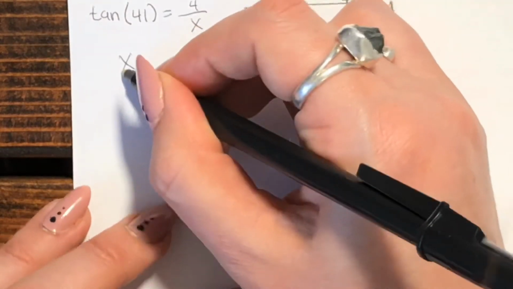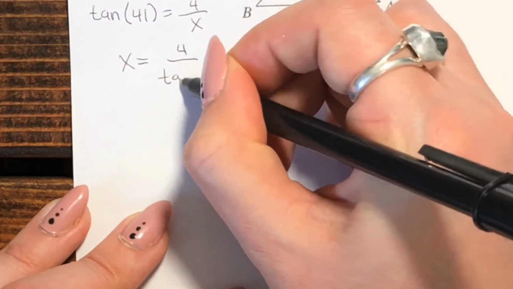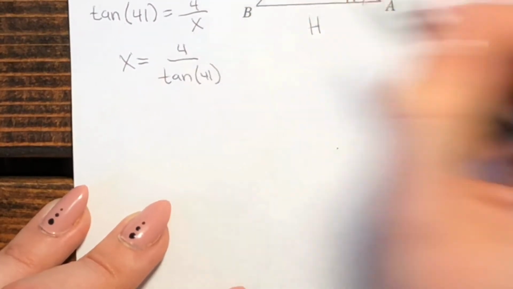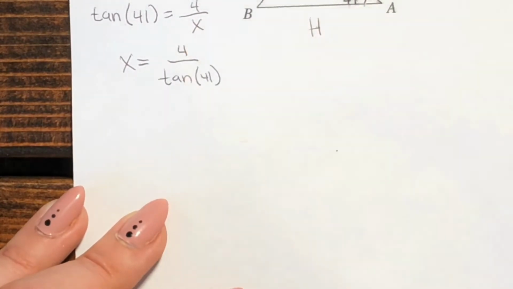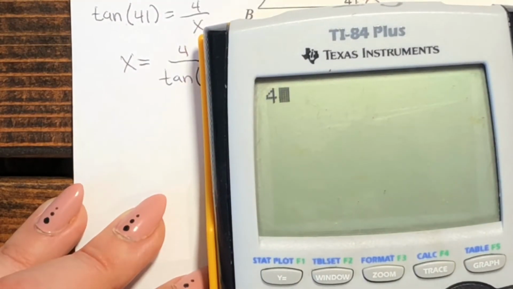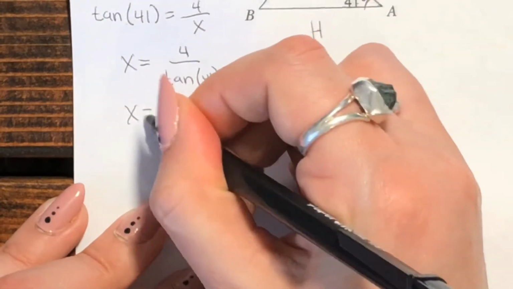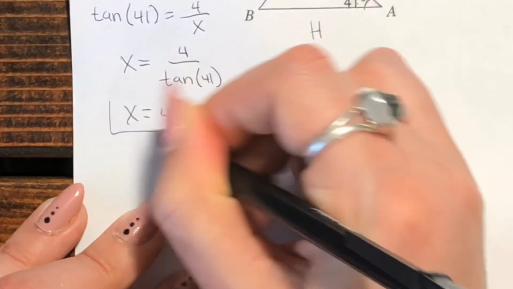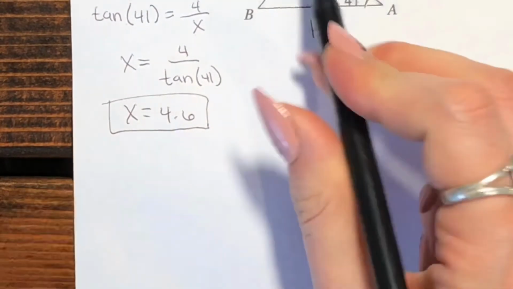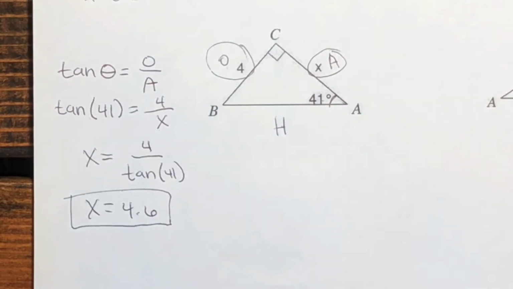So x is going to come out here, and we're going to do 4 divided by tangent of 41. And then this is what we're going to throw into our calculator. So if I do 4 divided by tangent of 41, we get 4.6. So x equals 4.6. That'd be your answer. So again, that's just finding how big this side is. So we just found that this side is 4.6 long.